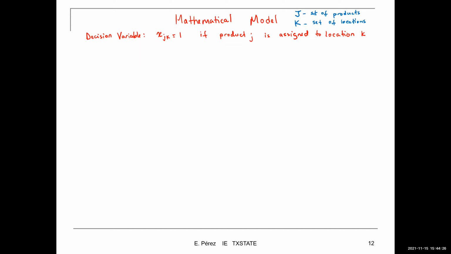If you have 10 products, that's going to be 1, 2, 3, 4, 5, up to 10. So little j will be representing an element of this set. Same thing for the locations. Capital K is the number of locations. So if you have 100 locations in your warehouse, then that will be part of this set. So location K equals 1, K equals 2, K equals up to 100. So xkj equals 1 if product j is assigned to location K.